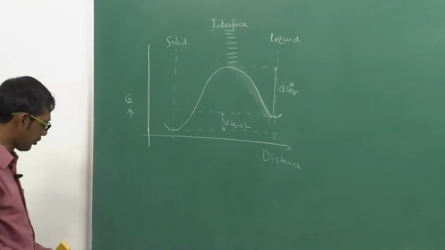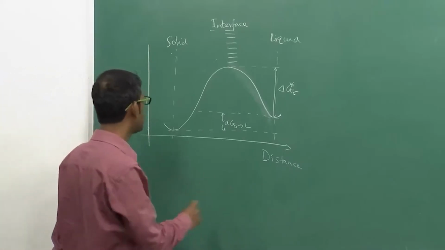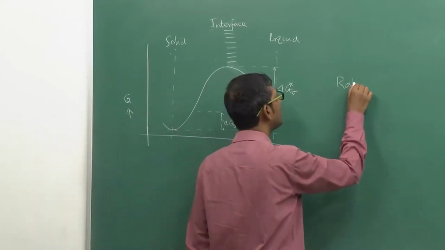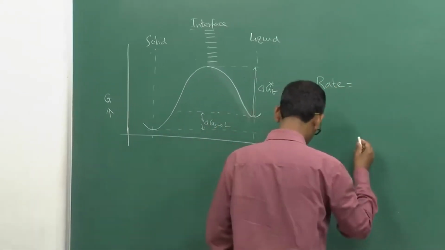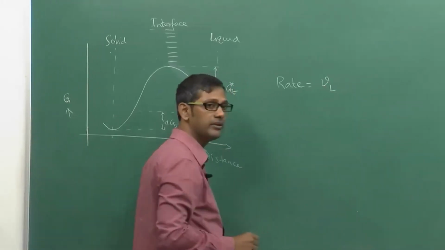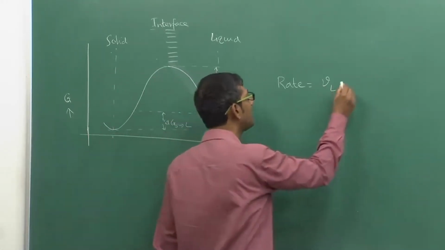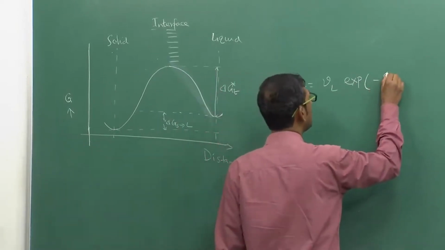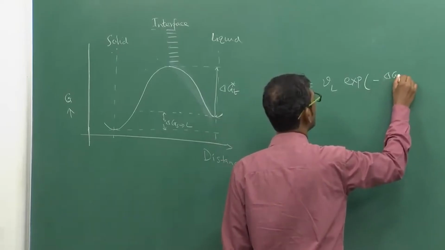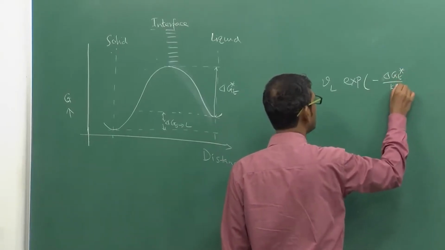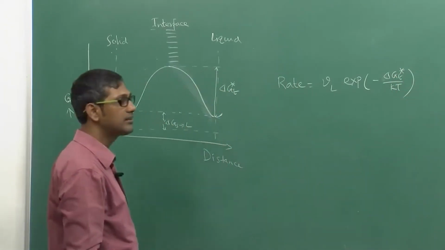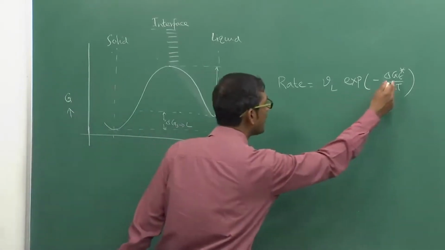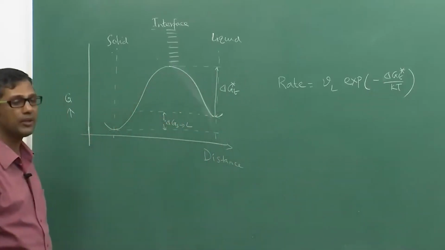If this is an activation-controlled process, then what is the rate? The rate of the process can be defined as the frequency of the atomic jump from the liquid to the solid. Let us suppose this is mu L multiplied by e to the power of minus delta G star by kT, where delta G star is the transport barrier height per atom divided by the thermal energy per atom, that is kT.